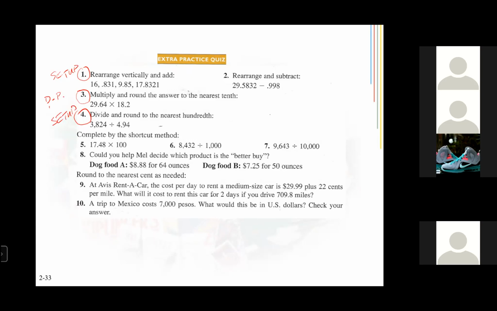You could do number 5, 6, and 7 because you're using the shortcut method. So we're just doing 1, 3, 4, 5, 6, 7. I'm going to leave out number 2 for now. I'll give you a couple minutes to work those, and then we'll finish up today's class.